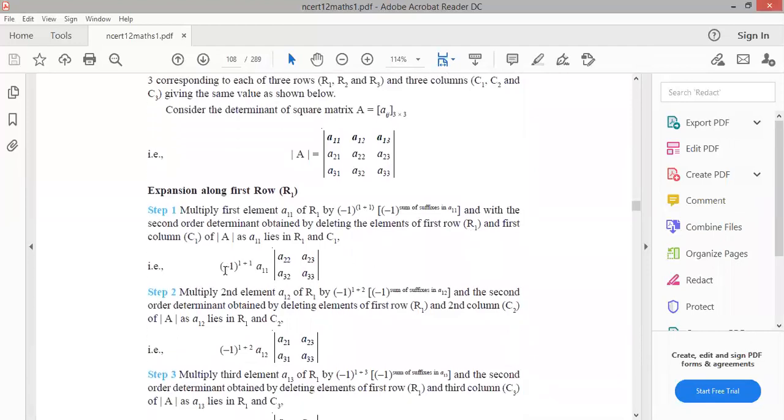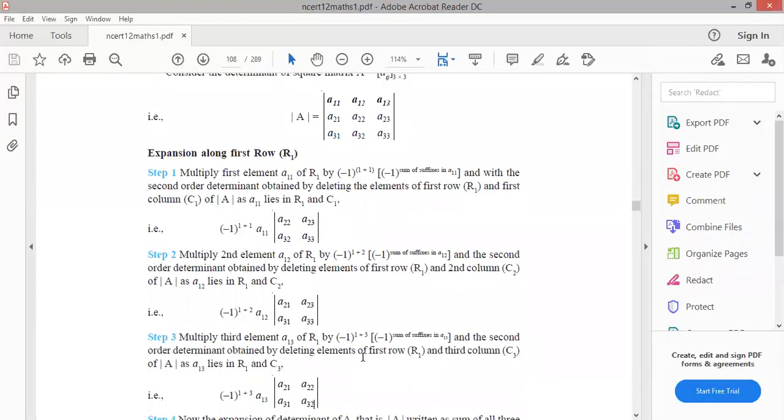Then similarly, adding this number and its corresponding entries, that is this one, this one, this one, and this quantity.